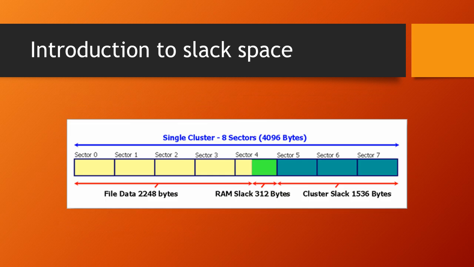For example, as we can see in this diagram, if a file occupies only 2 kilobytes of the last block and the block size is 4 kilobytes, it uses only the first 2 kilobytes, and the remaining 2 kilobytes of the block are unused and form the file slack space.